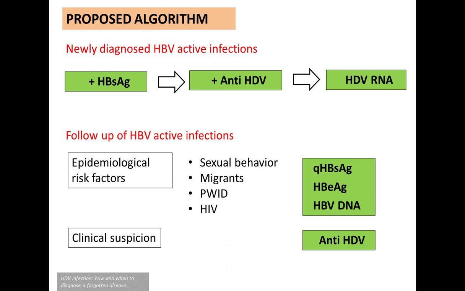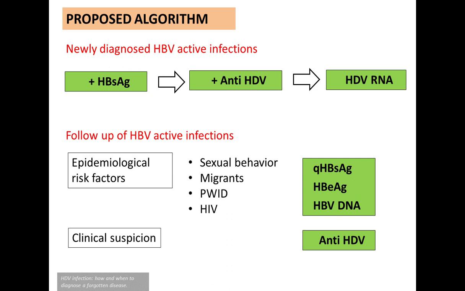This is an example of a proposed diagnosis algorithm. For example, it can be established in this algorithm that any positive HBs antigen in the routine testing may automatically add a total antibodies anti-delta virus test. And with this action, we can rule out the possibility of B and delta co-infection.